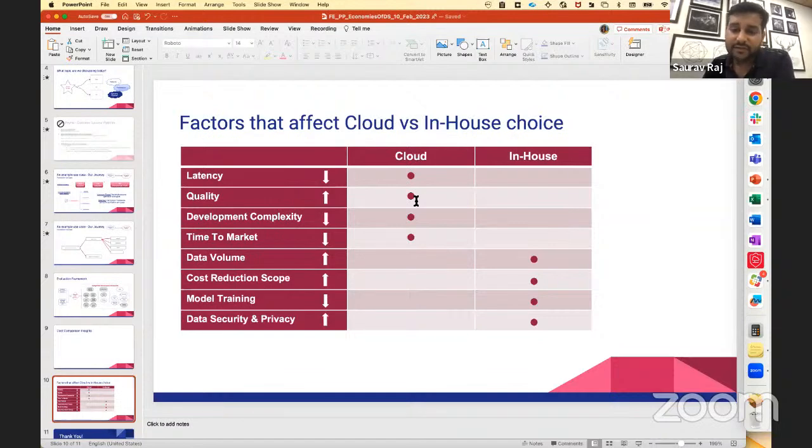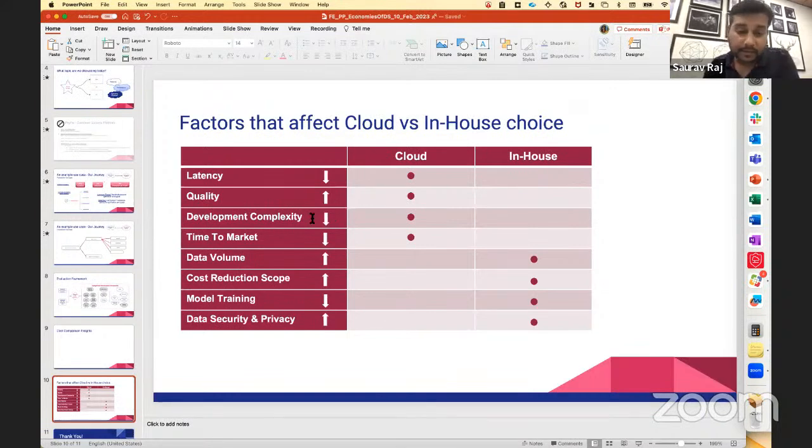The cloud-based solutions were 3 to 5% better than our in-house built solution. Work is in progress to improve this translation quality further, but so far this is what we have observed. So if quality is your prime metric, it's better to go with the cloud-based solution.